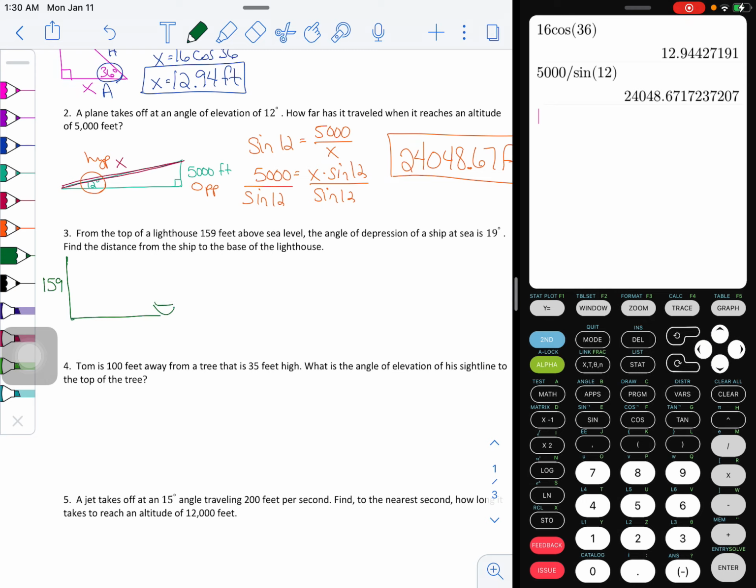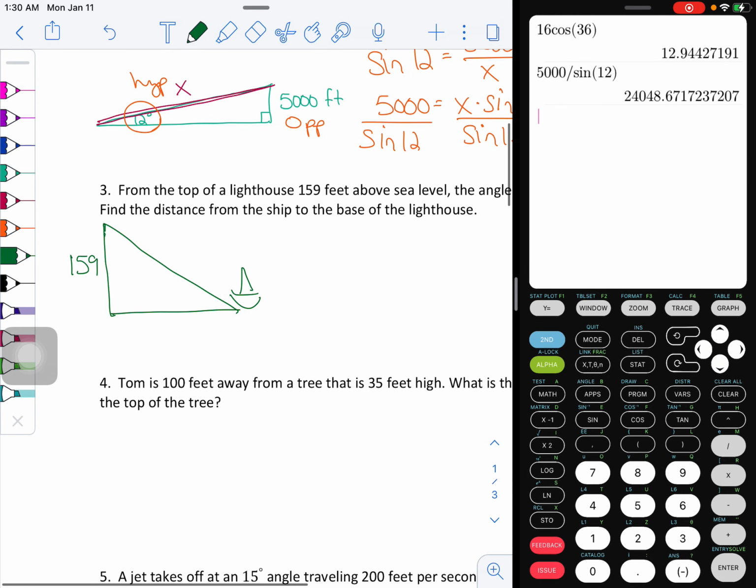The angle of depression, so somewhere out at sea there is a ship. Oops, yeah, there's a ship, close enough. Now, what you want to be careful about is, what does it mean by angle of depression? All right. And angle of depression is, what I want you to think about is somebody sitting in the lighthouse looking straight out, just straight out.